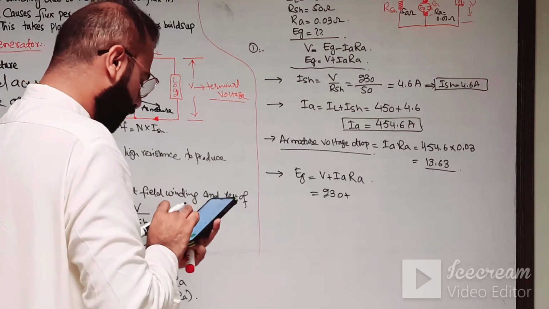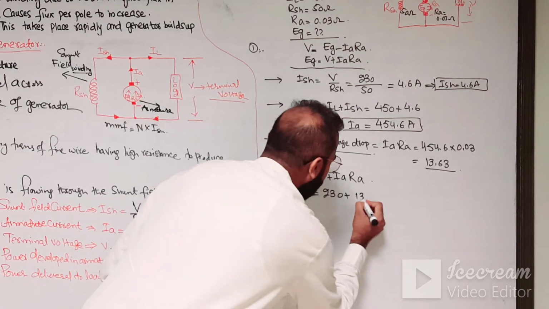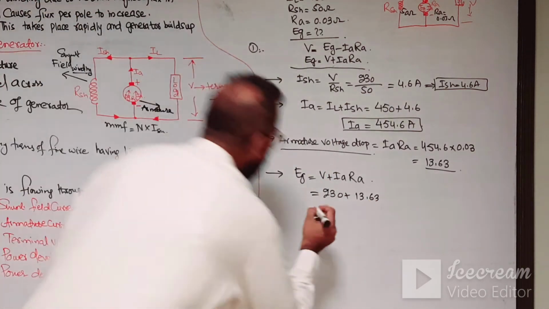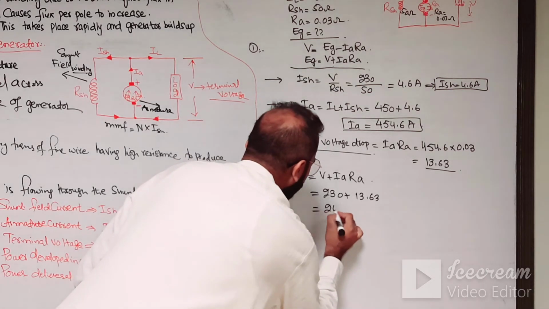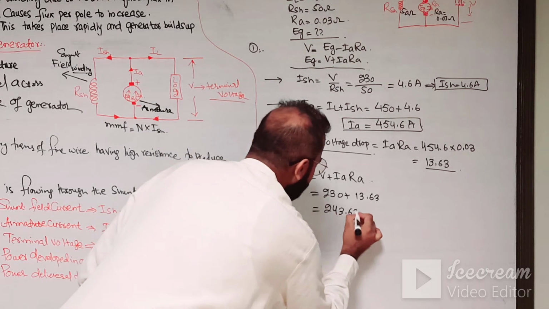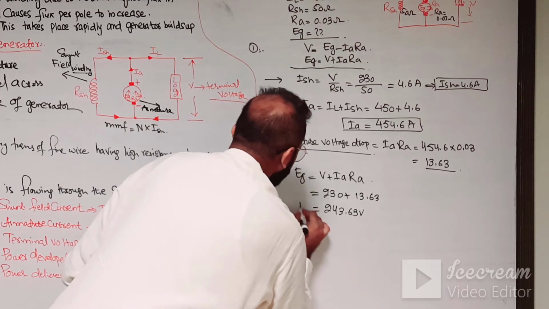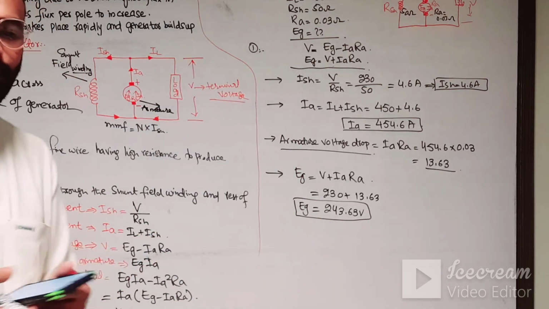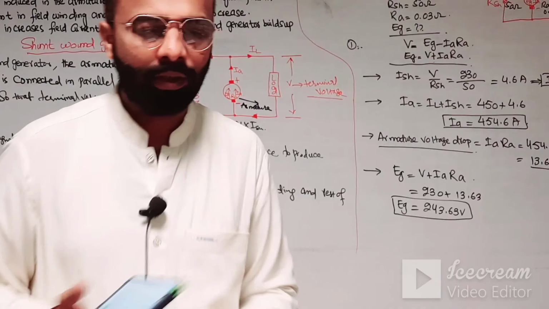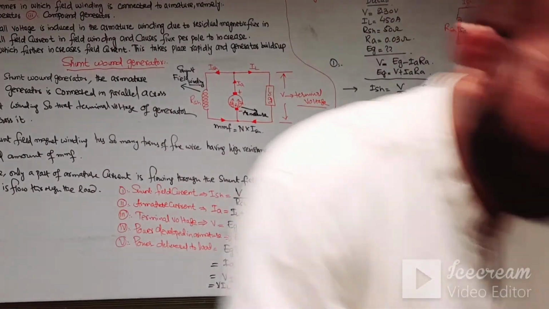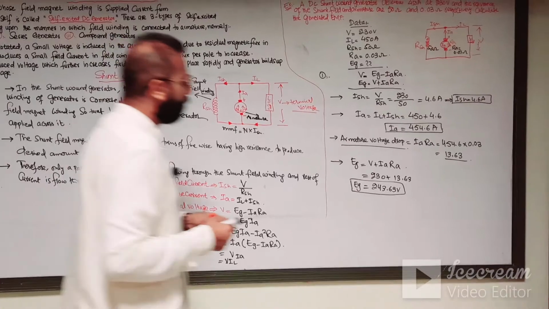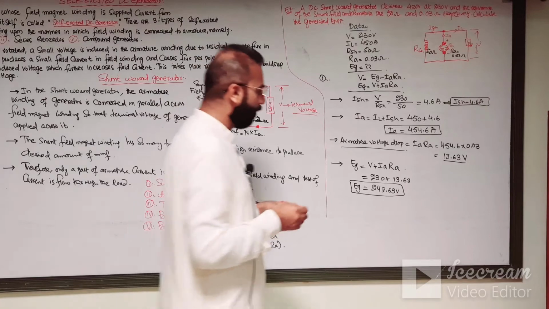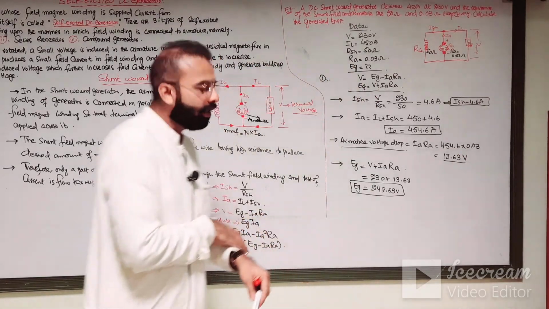The terminal voltage is 230 and the armature voltage drop is 13.63. So this will be 230 plus 13.63, which is 243.63 volts, which is produced or developed in the armature conductors. Its unit is volts; I forgot to write the unit over here.